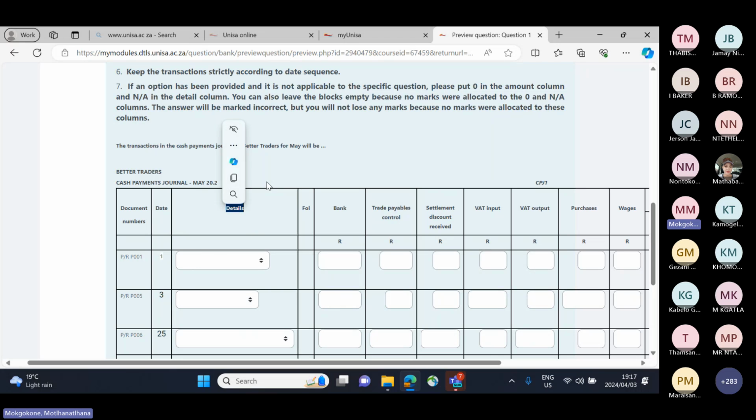If it was maybe purchases for cash, here under details you can write cash. If it was a cash purchase, you can write cash. Then under the bank column here you record the full amount including VAT. This is the main column. You record all the amount including VAT.